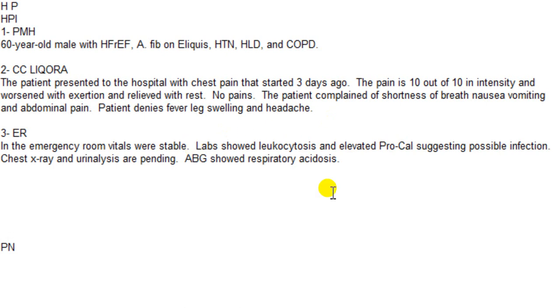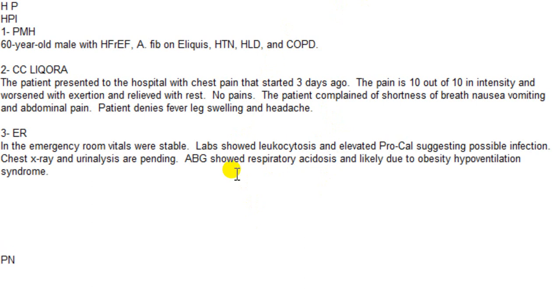What I would like, in the beginning I used to write numbers and stuff. You can write numbers, but at least interpret them, like metabolic or respiratory acidosis, and think about why the patient had that. For example, for respiratory acidosis, I would say likely due to obesity hypoventilation syndrome, or likely due to COPD exacerbation.